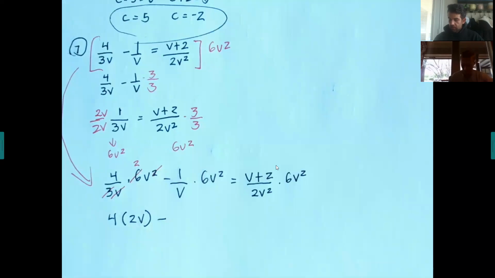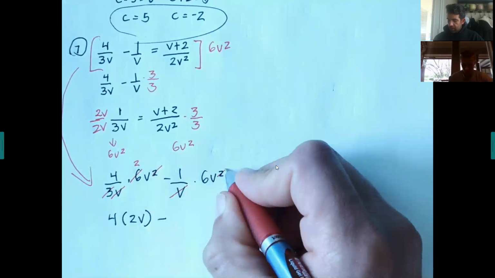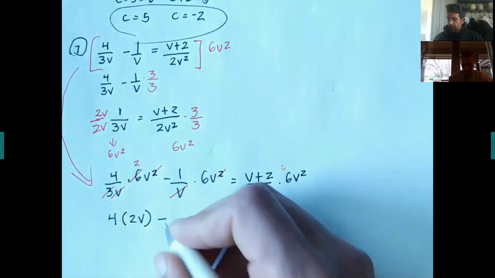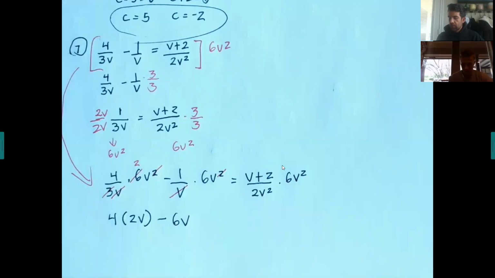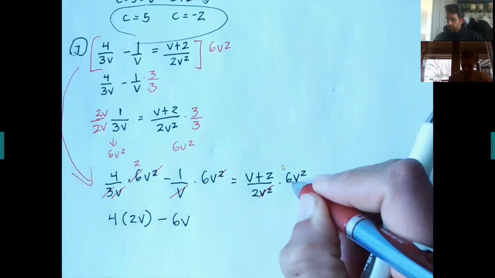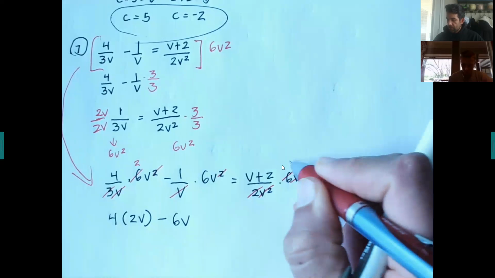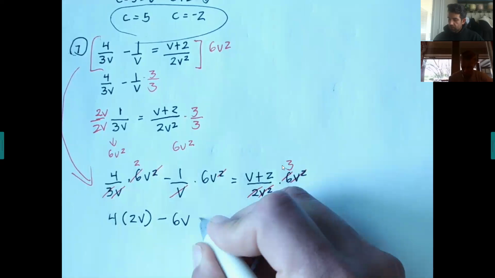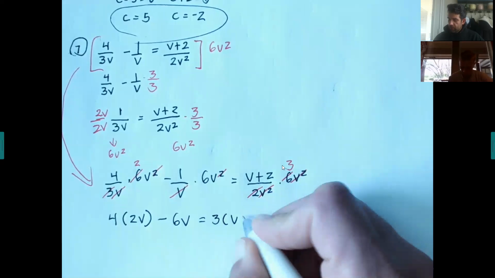This one right here, the v is going to cancel out completely, and that's going to leave me with minus 1 times 6v. And then finally, this last one, the v squares cancel. That 2 makes this a 3. So this one's equal to 3v plus 2.